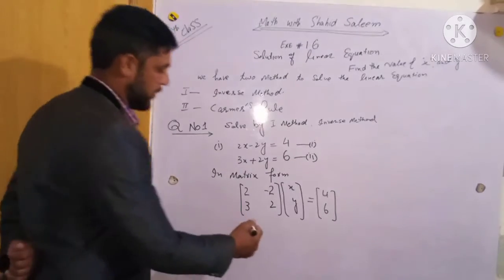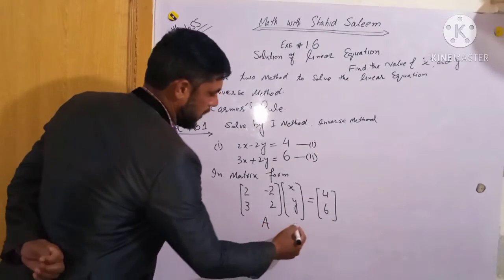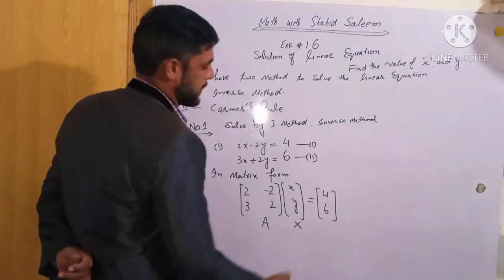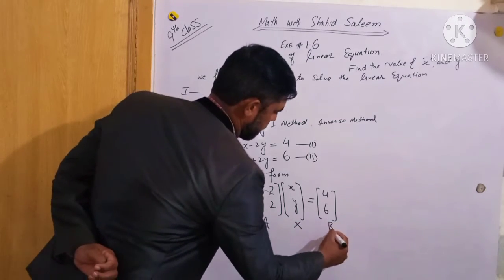Here we write A matrix, and this matrix is X and this is B.